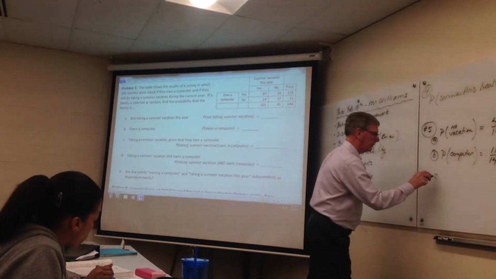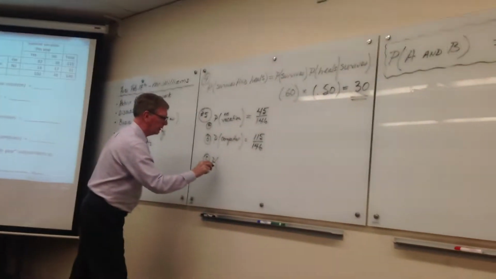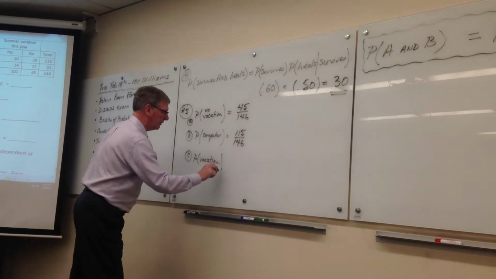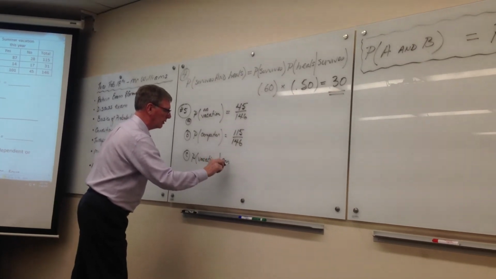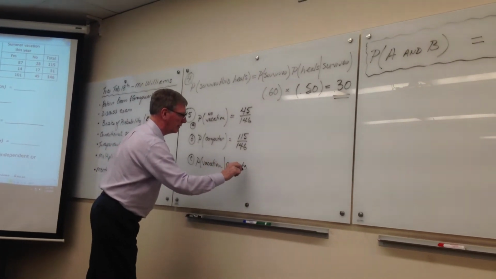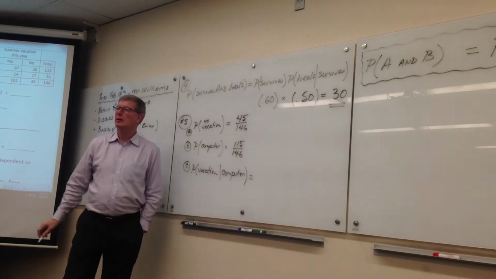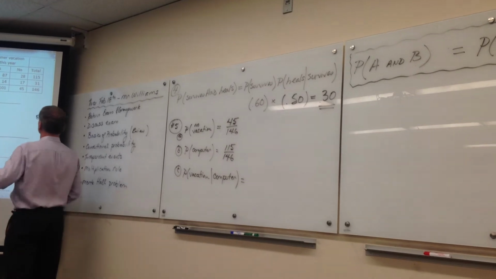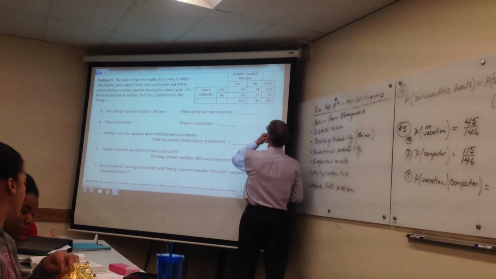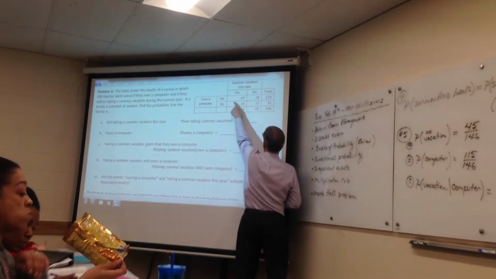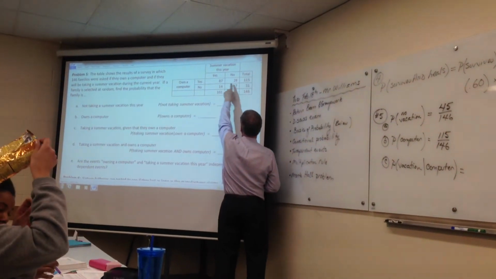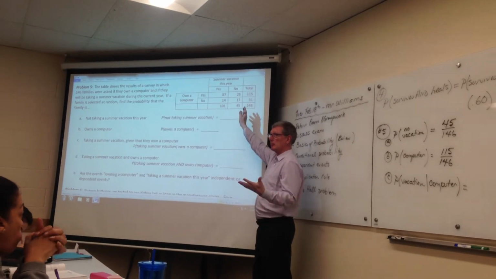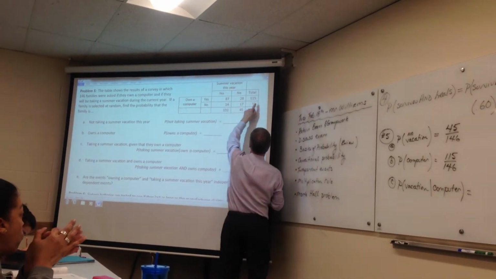So this is probability of vacation given they own a computer. 87 out of 115. Where did you get the 87 from? Well, you have to take into account that they own a computer and that they're taking summer vacation. So, only the top row, right? So 87 out of 115.